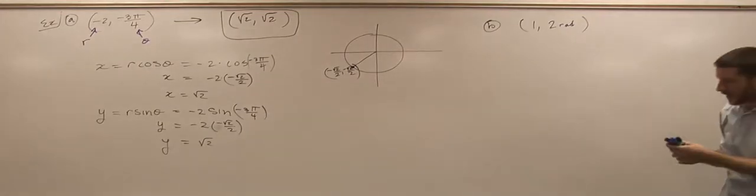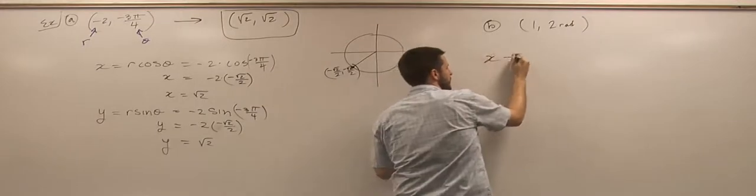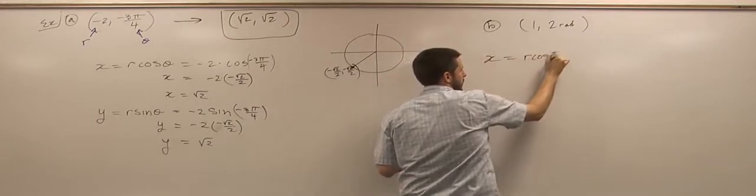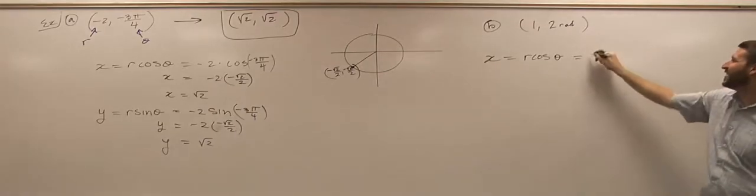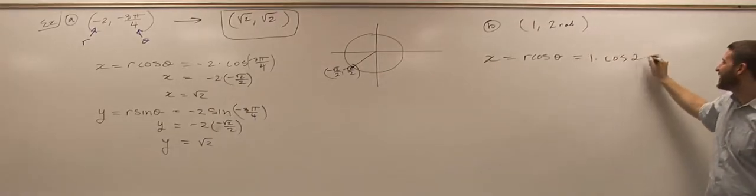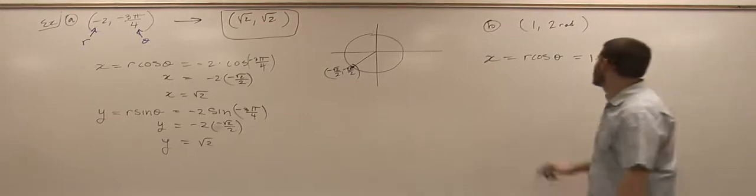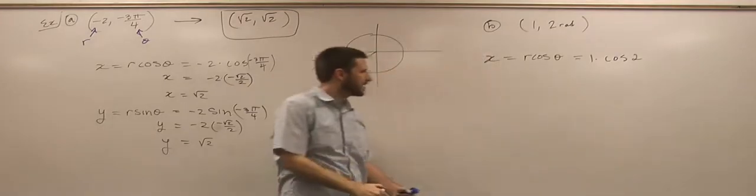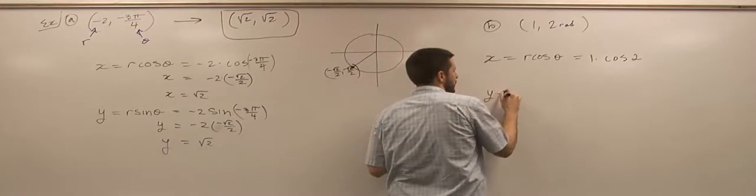Okay, so for this one, x and y will be the same thing. I mean, the formula is always the same. What's the only difference here? You just don't have a pi. Right? So x is 1 times cos 2, and y is 1 times sin 2.